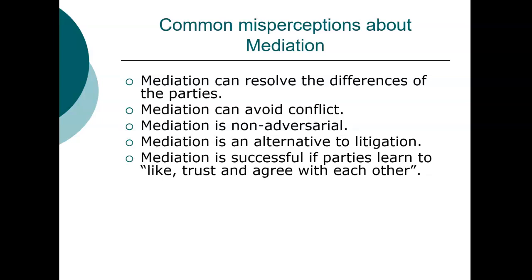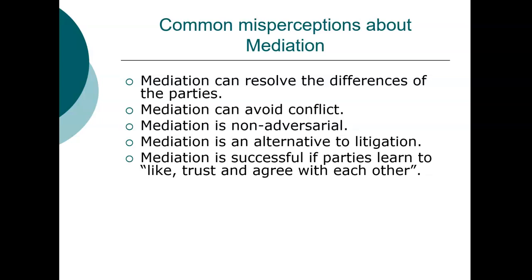if parties learn to like, trust, and agree with each other. Well, you might desire for the parties to like, trust, and agree with each other, but you can be successful even if parties, when they disperse after a solution has been thought of and agreed to, still don't really like each other and don't really trust each other.